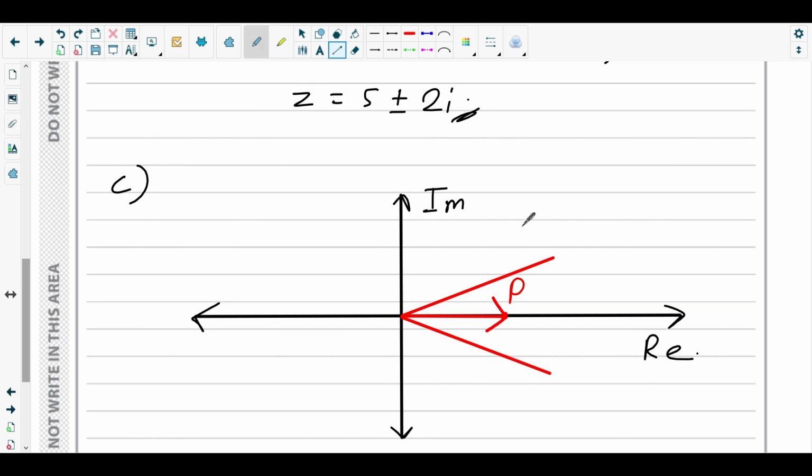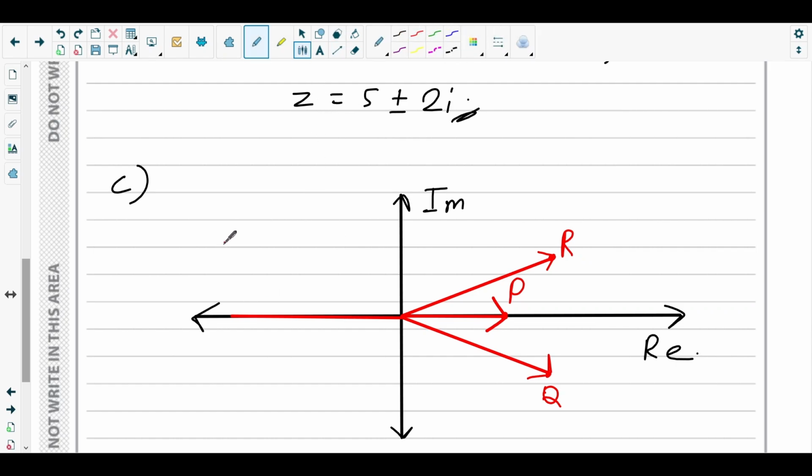Okay, so these points are P, Q, R, S. Let's say this point is Q. It can be anything, no problem. This can be Q, this can be R. Fine. And at last, S. Point S is basically -9, so -9 would be there.